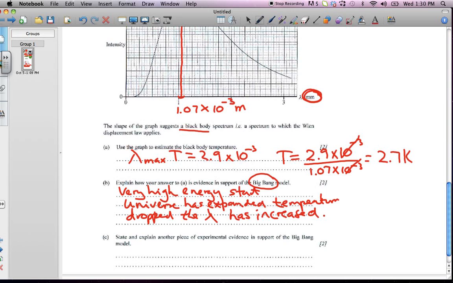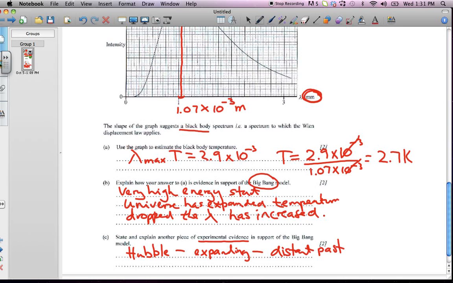And then state and explain another piece of experimental evidence in support of the Big Bang model. Well, there's two. We have Hubble's law, in which he basically showed that the universe is expanding. Then what did it expand from? It must have in the distant past been a point, or it must have come from somewhere, so we could reverse the process.